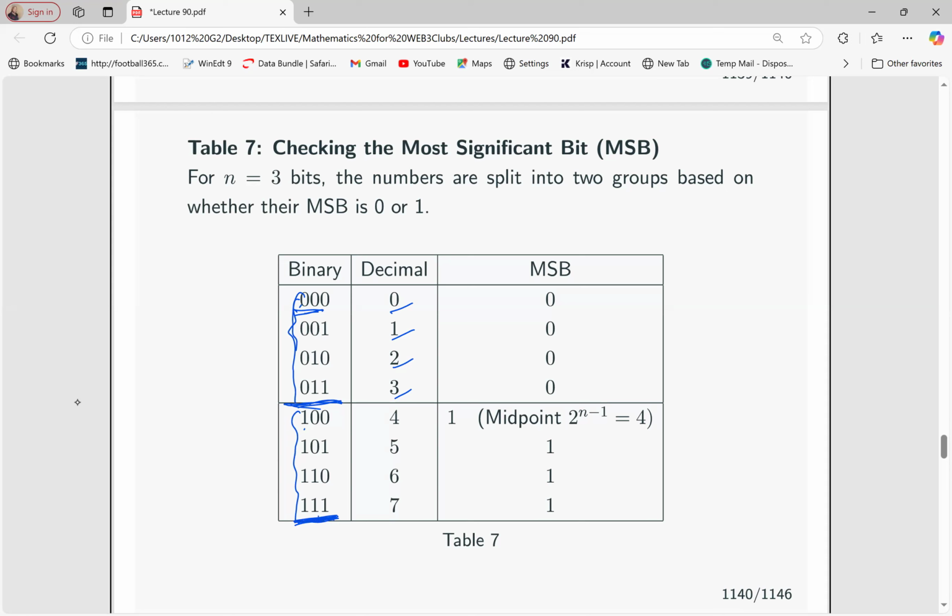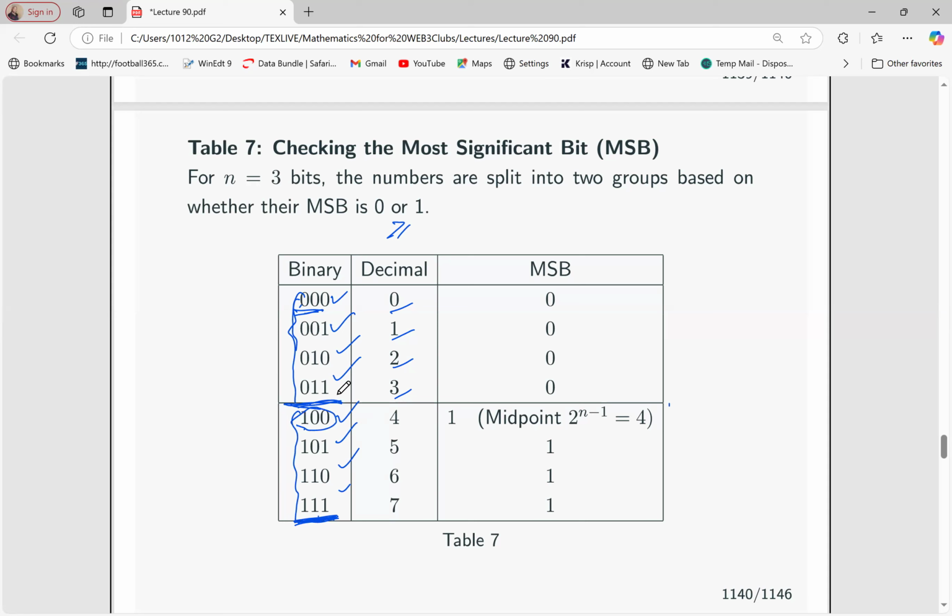This is the center. So from here, we can now begin comparing. You see, we are not introducing greater than or equal to directly, but we are converting those numbers in binary. And as you convert to binary, you can see which one is greater and so on. So the midpoint is here.